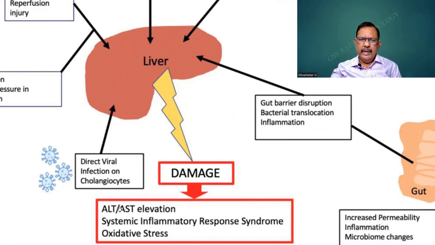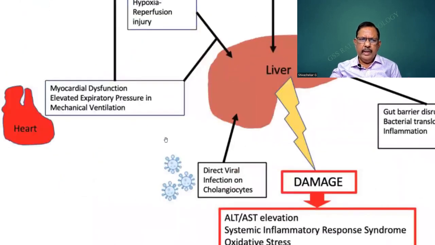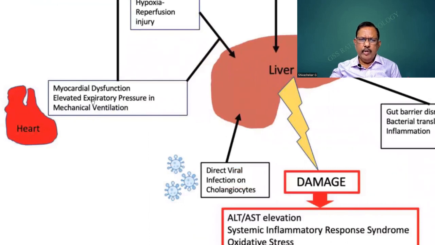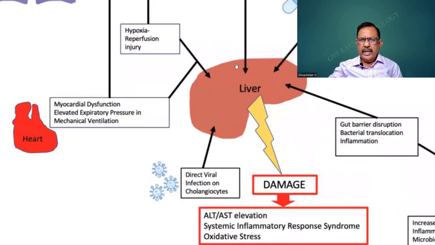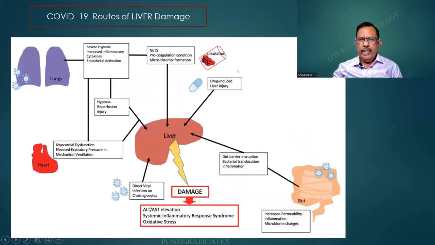Ultimately, there can be a change in the enzymes, etc., which can result in the diagnosis of a liver disorder. And in the myocardium also, there is an elevation of the expiratory pressure, mechanical ventilation, again leading to hypoxia. So this particular chart, I would like you people to remember, this concept will be repeated n number of times in the slides to come.